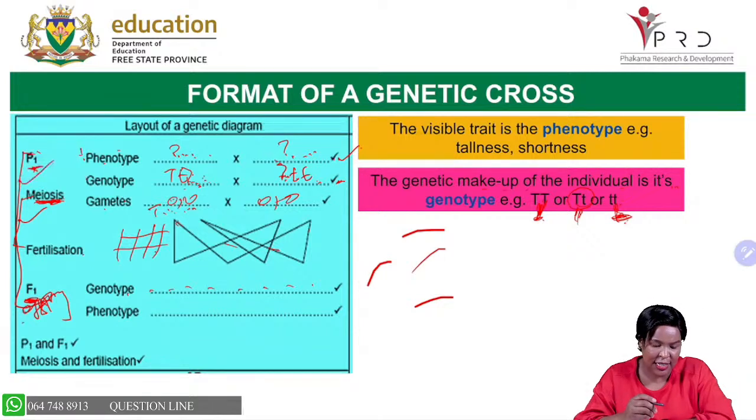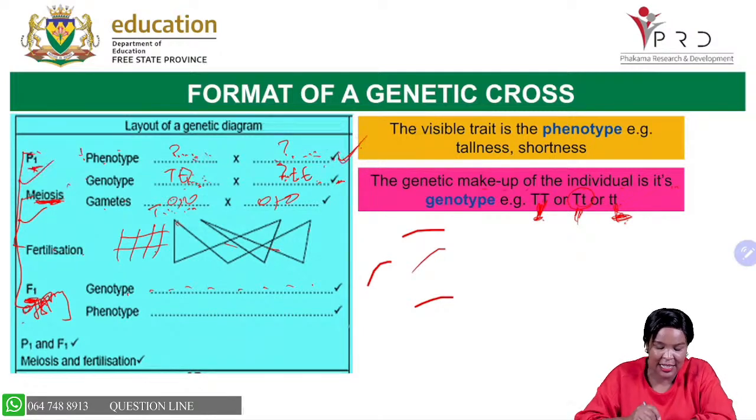So you can just write P1 and F1 down there, get a mark, write meiosis and fertilization, get a mark, and also write the phenotype of the 2 parents that you are crossing. Then you get your free mark. That is how you get your 3 marks for free.